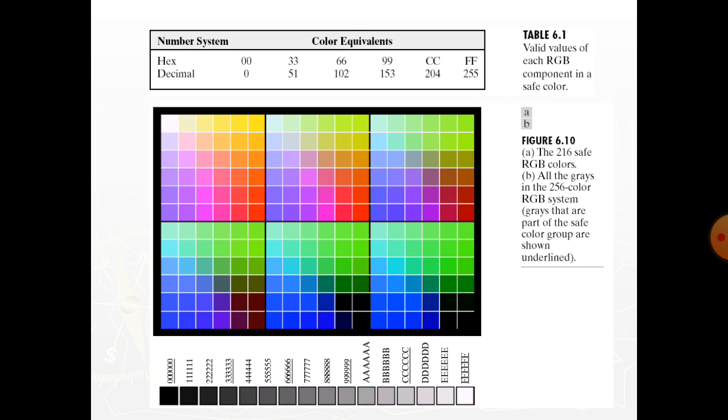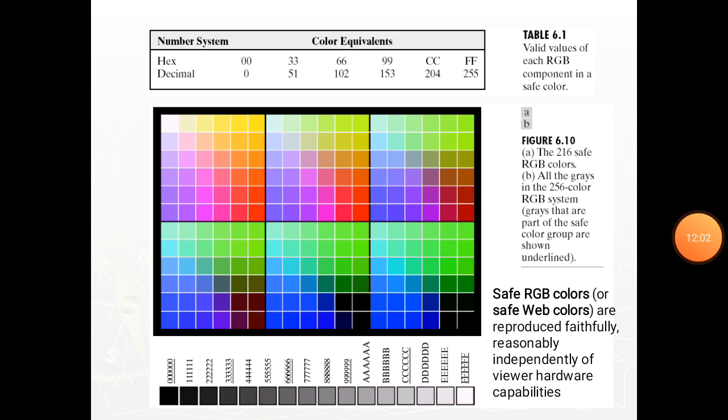The grays from the safe color group, KKKKKK in base 16 for K equal to 0, 3, 6, 9, C, F, are shown here.